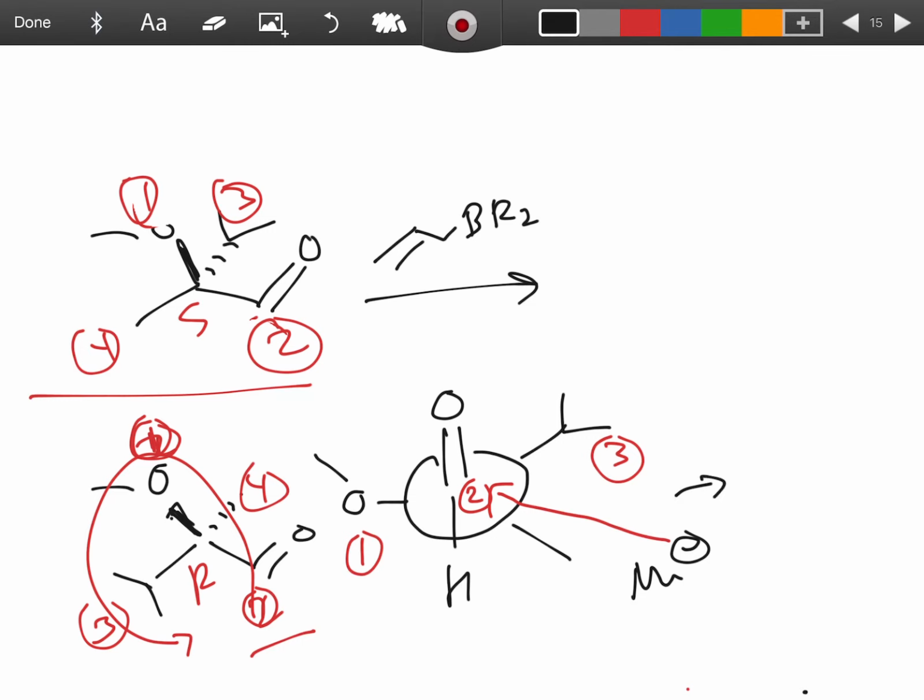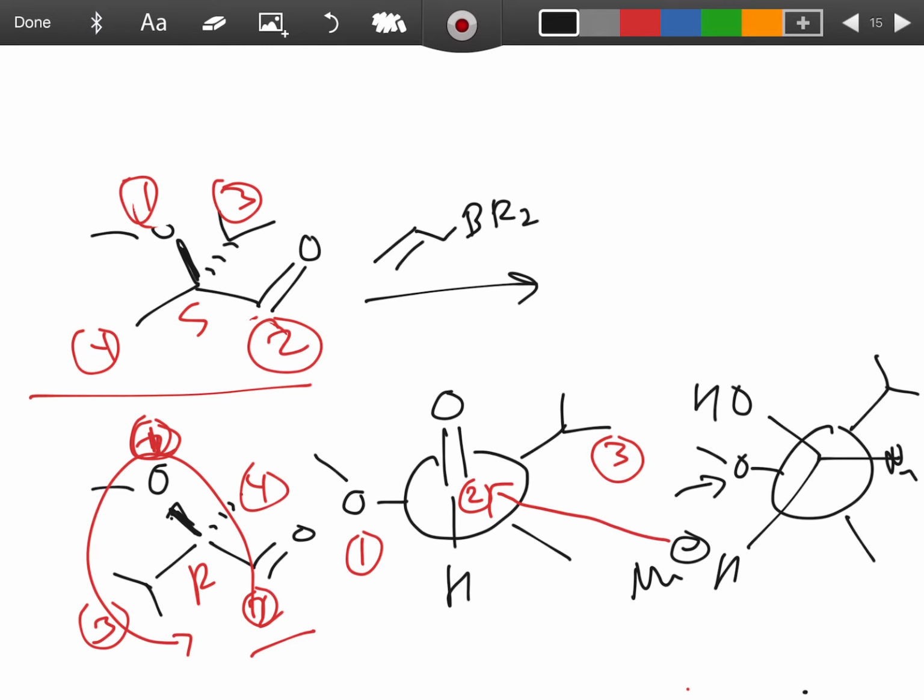So we're going to end up with OH here, H here, methoxy, isopropyl, this guy, and then our poorly drawn nucleophile right there. So you're adding your nucleophile between the two groups and then pushing the oxygen and the nitrogen and the hydrogen over into the open spaces to end up with a staggered Newman projection.